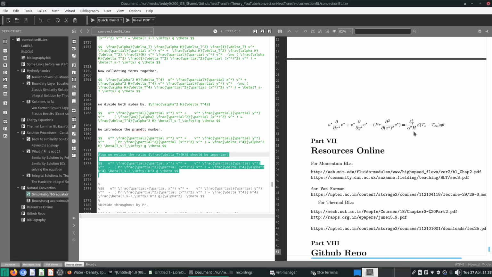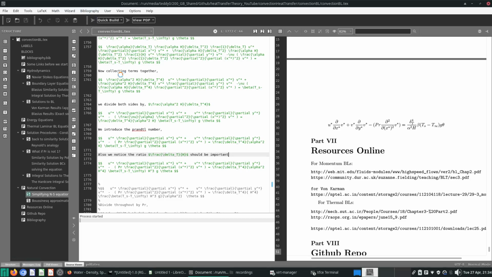Now the next thing we want to note is the ratio delta t to the fourth, alpha squared, over h. This is a very important ratio. We note that the Prandtl number is also very important. But if you want to know how the boundary layer thickness varies with h, then we should always know the ratio delta t over h.